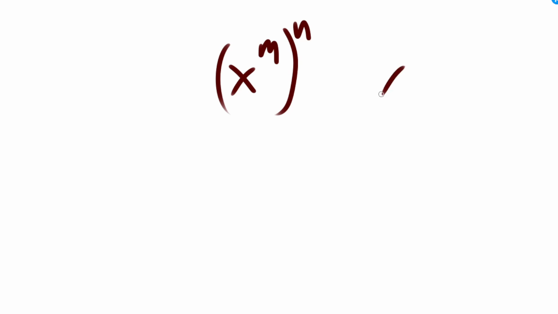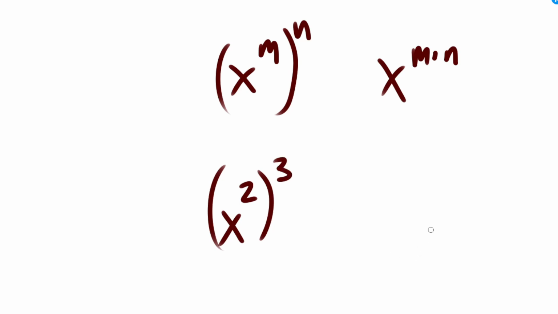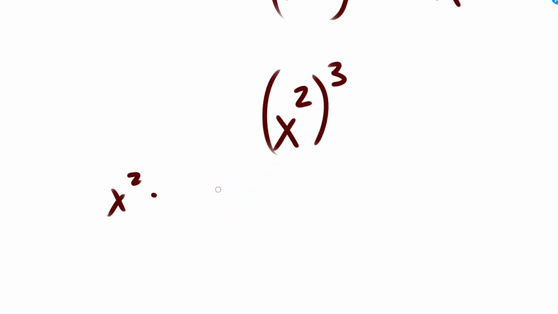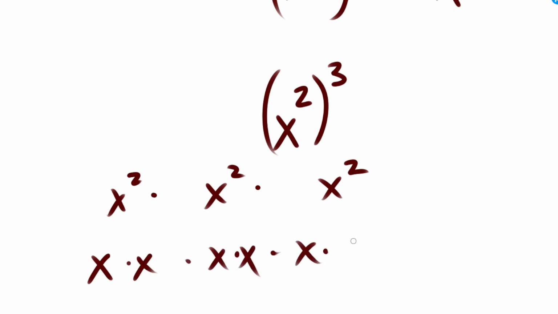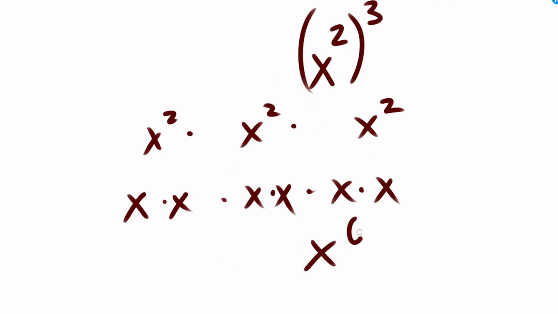Our final exponent rule is if you have something like x to the m to the nth power, that's the same as saying x to the m times n. A way to show that is if you had x squared to the third power, that's the same as saying x squared times x squared times x squared, 3 times, and then expanding that further, x times x times x times x times x times x, which is the same as x to the 6th, which is the same as x to the 2 times 3.